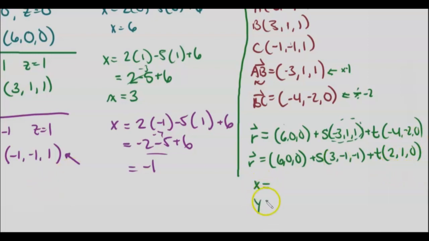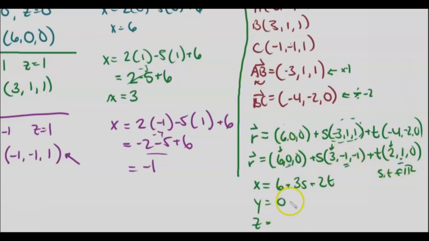Okay, so now let's write parametrics x, y, z. So let's take the first 3. Okay, we're going to go 6 plus 3s plus 2t. By the way, s and t are elements of the real number system. Now we're going to take the second, 0, negative 1, 1.